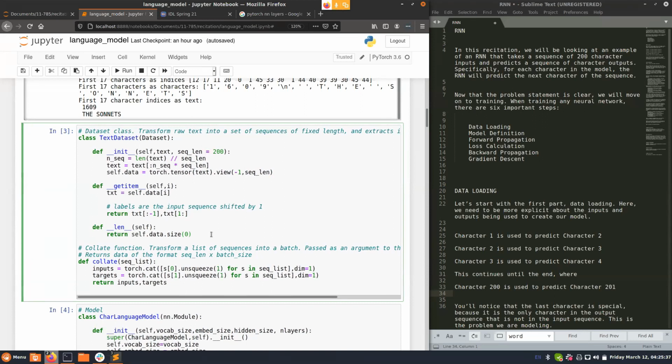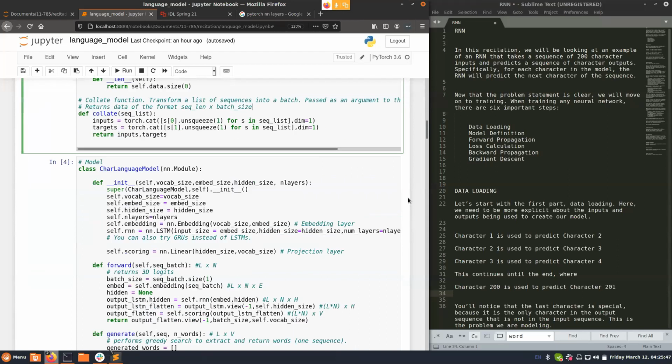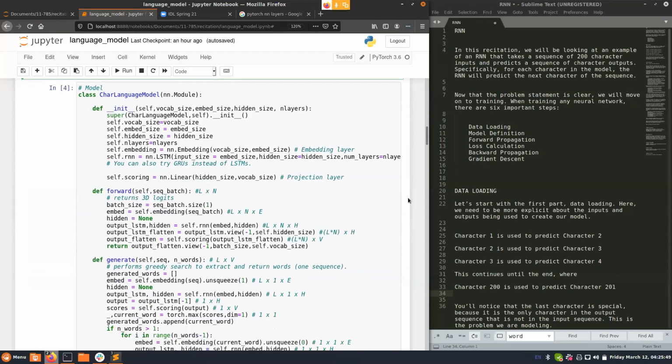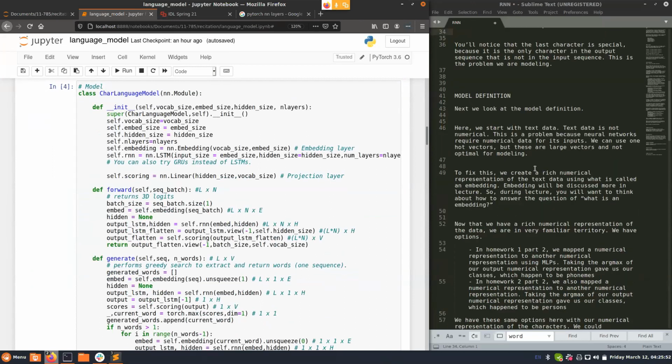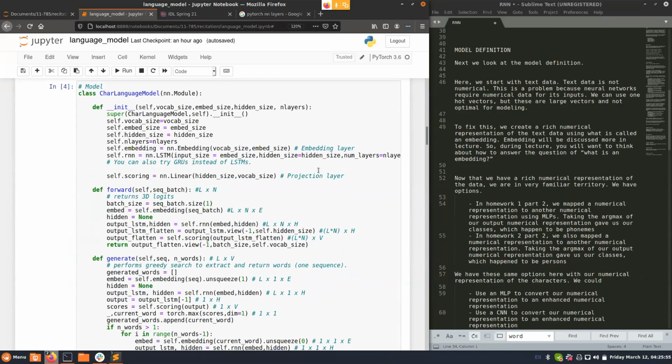So that's what our dataset class looks like. Next we'll go into the model. There are a few things to consider, but just starting it off, the text data is not numerical, right?